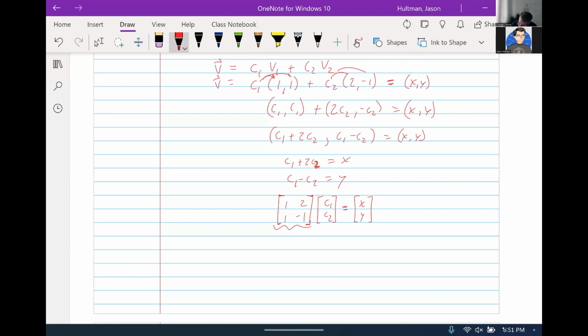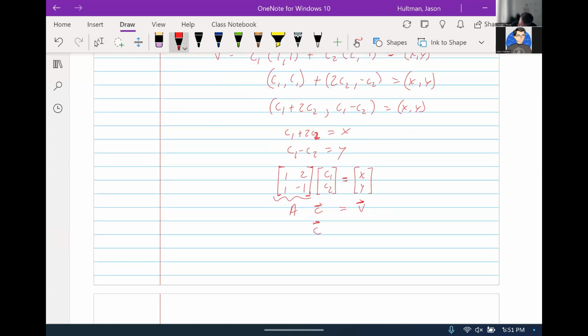Okay, so if we say that this is A, and this is our vector C, and this is vector V, for our variables, then we would be able to get C equaling A inverse times V, right?